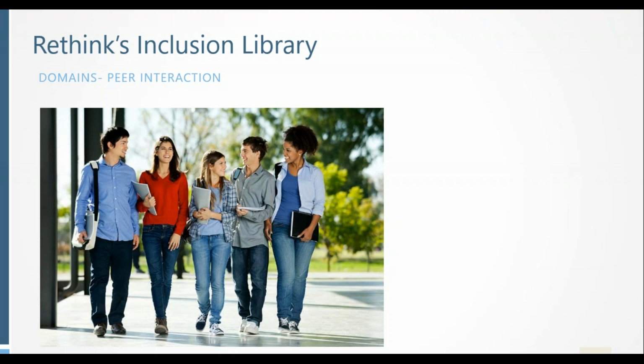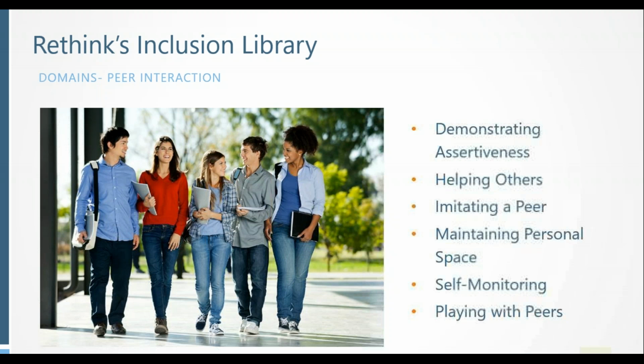Students who can appropriately interact with their peers can help with decreasing bullying, promote friendship building and acceptance, and opportunities to learn new social and interactive skills that can be transferred to the life outside of school. In Rethink's Inclusion Library, some of the skills in this domain include demonstrating assertiveness, helping others, imitating a peer, maintaining personal space, self-monitoring, and playing with peers.